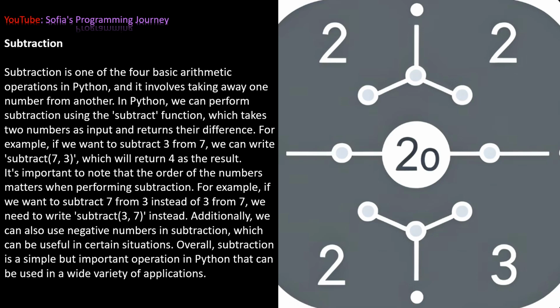It's important to note that the order of the numbers matters when performing subtraction. For example, if we want to subtract 7 from 3 instead of 3 from 7, we need to write subtract 3, 7 instead. Additionally, we can also use negative numbers in subtraction, which can be useful in certain situations. Overall, subtraction is a simple but important operation in Python that can be used in a wide variety of applications.